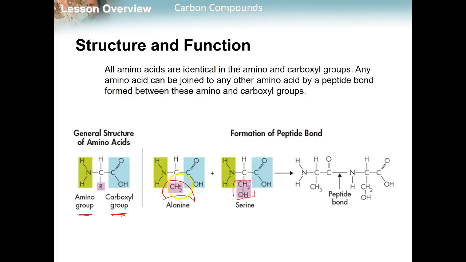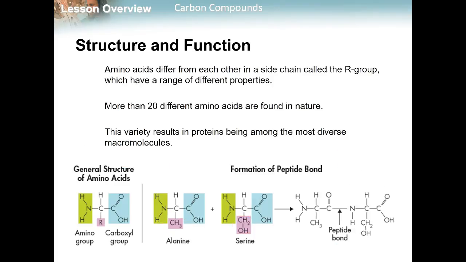When you have 2 amino acids or 3 amino acids joined together, the bond that forms between 2 amino acids is always called a peptide bond. That's the type of bond. And when we get a chain of amino acids, we get a polypeptide. And polypeptides make the proteins.